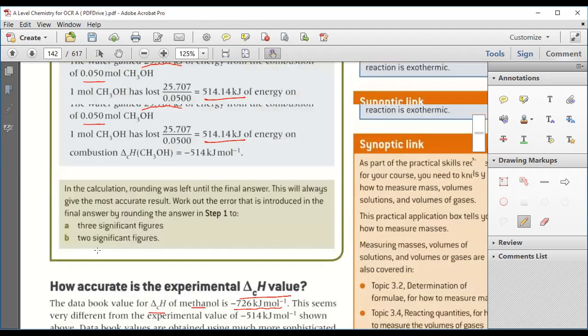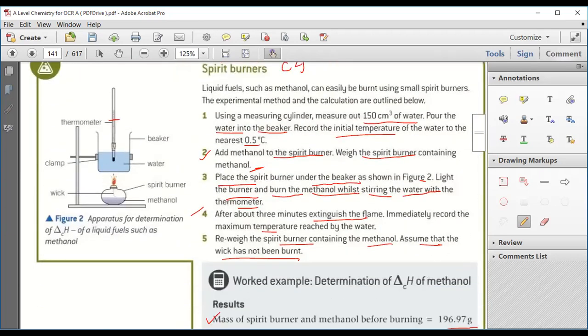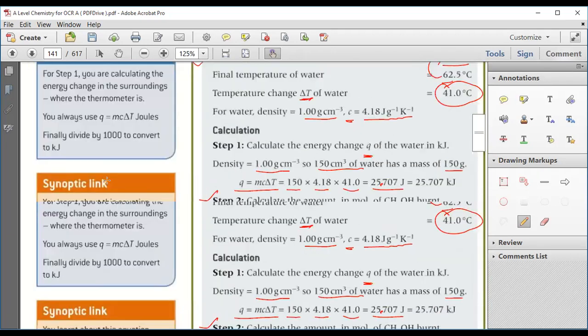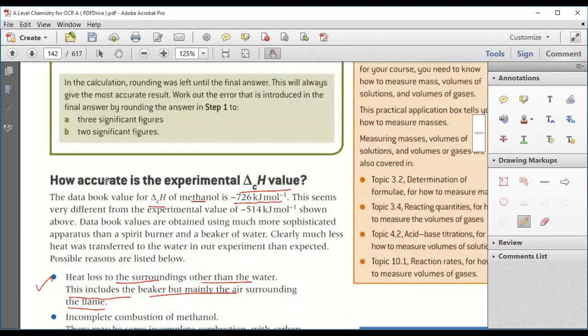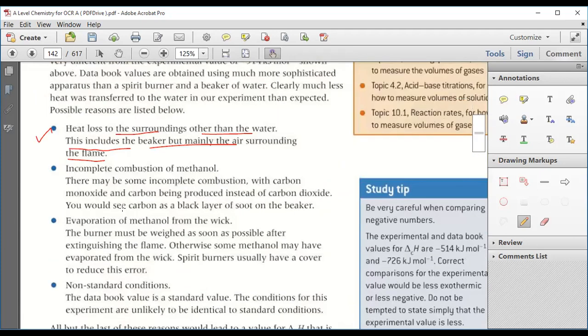Mainly what happens in that case is that not only heat is there, air is there around it, so that may be why we are obtaining a different result. Second, there may be incomplete combustion of methanol, with carbon monoxide and carbon being produced instead of carbon dioxide.